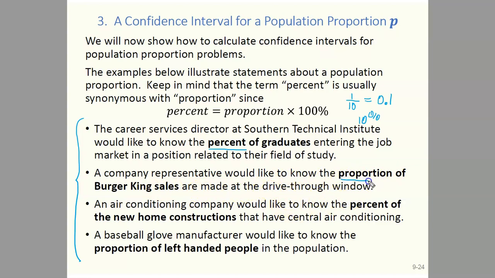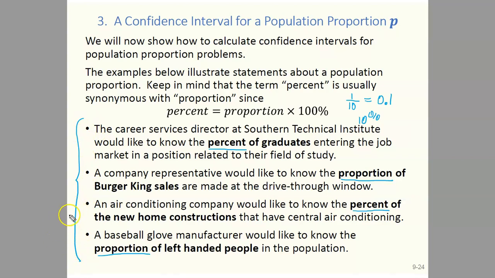So you see the term proportion. An air conditioning company would like to know the percent of new home constructions that have central air conditioning. A baseball glove manufacturer would like to know the proportion of left-handed people in the population. So all of these problems are examples of population proportion problems.